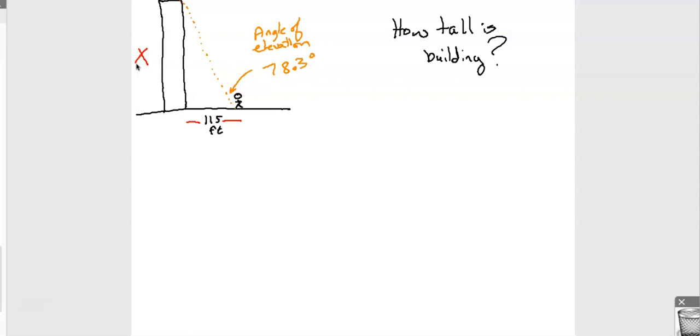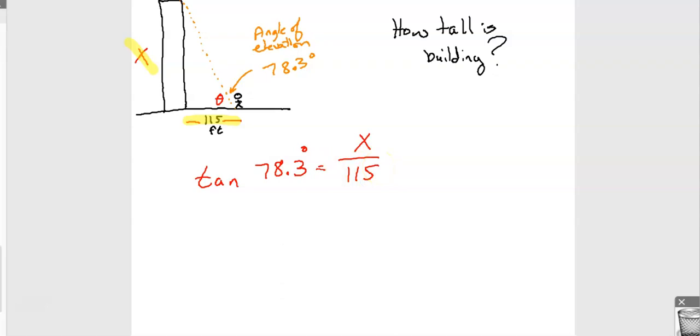This is my theta, my reference angle, and it's 78.3 degrees. So think of what trig function involves the opposite of the angle and the adjacent. Well, opposite over adjacent is tangent. So tangent of 78.3 degrees is opposite over adjacent.